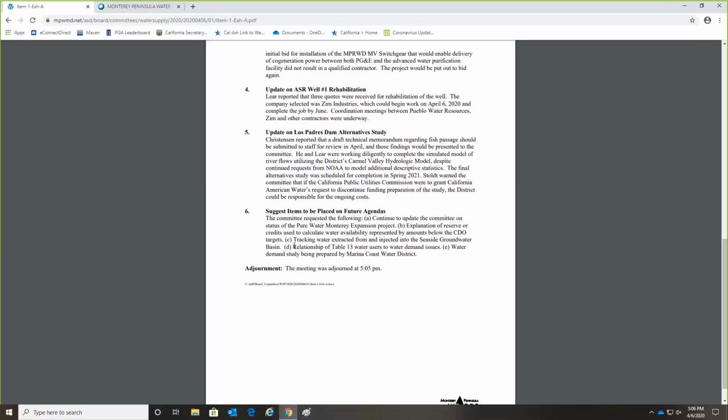D being also just what is Table 13? How does it work? How reliable is it? How consistent is it? So those are educational items that we can put on the next meeting, or one on the next meeting, one on the next meeting after that.